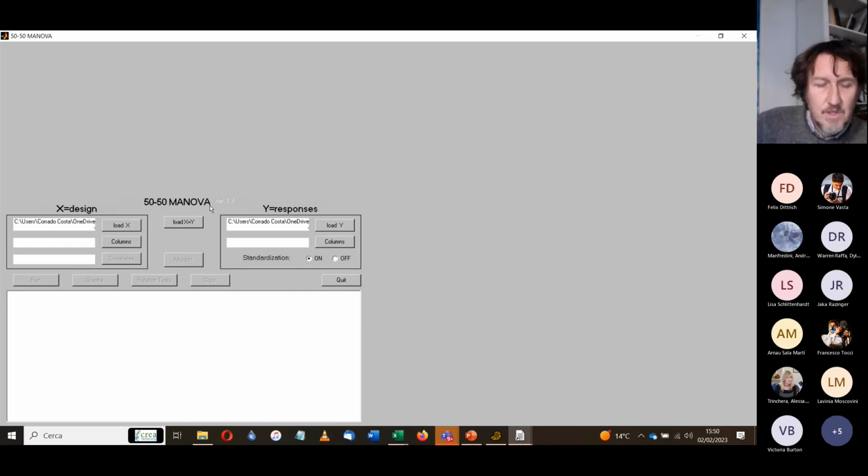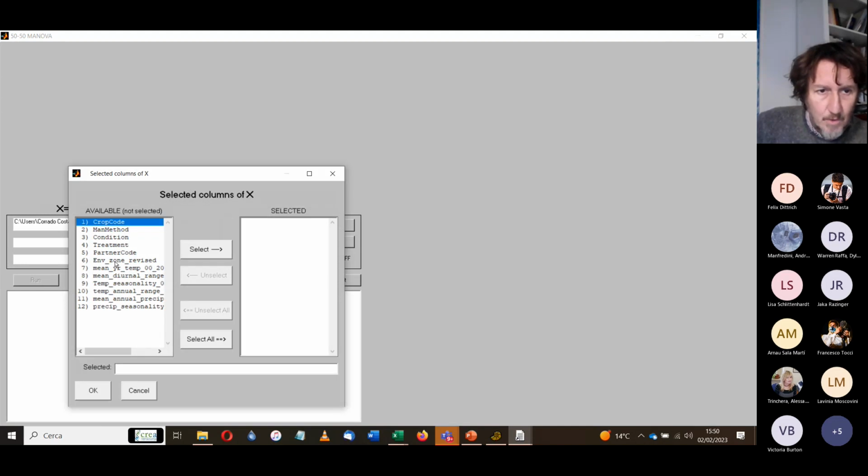Now we have to tell the program the experimental design. So we have X and Y. Y are the quantitative variables, X are the factors. So columns, we have from 1 to 6 are the factors. So we select all of these, putting them on the right side.